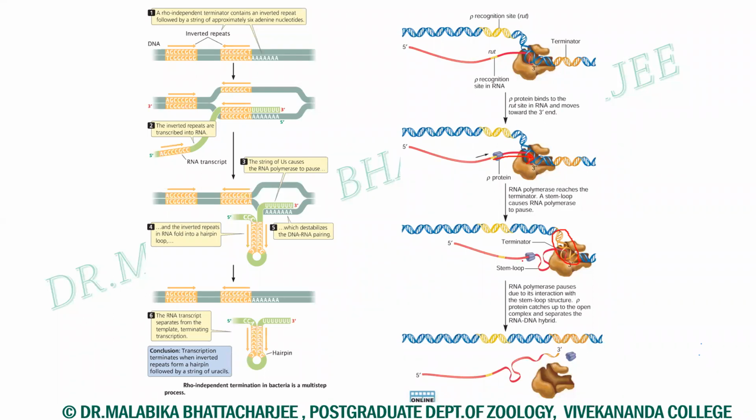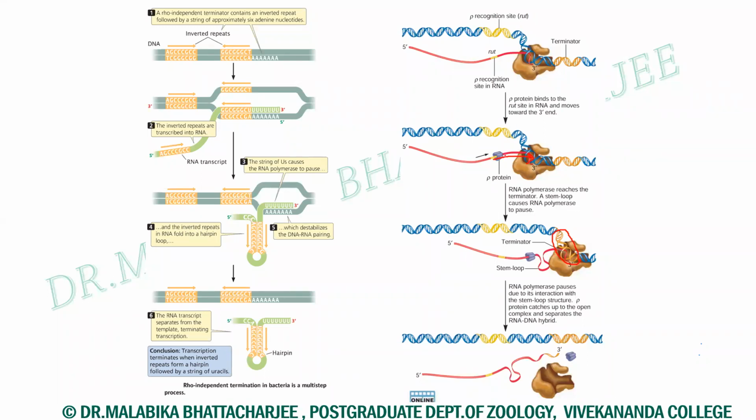As the rho moves towards the polymerase, a stem loop is formed, and the RNA polymerase pauses due to its interaction with the stem loop structure. The rho protein opens up the complex and then separates the RNA-DNA hybrid.